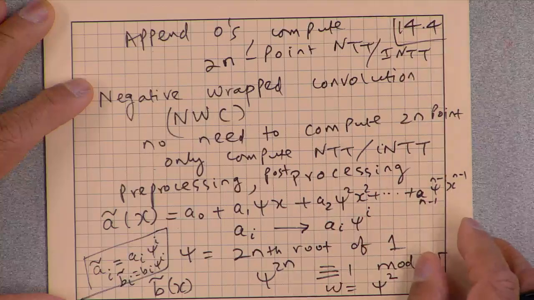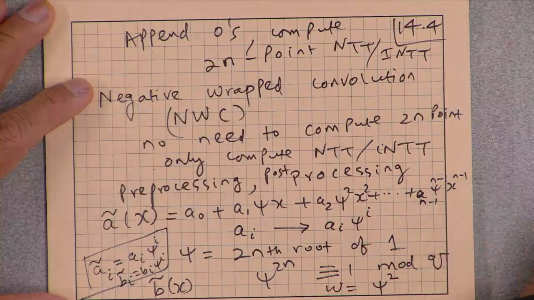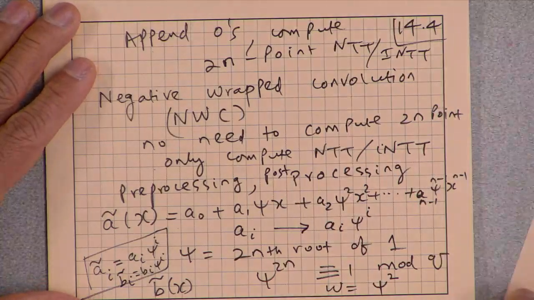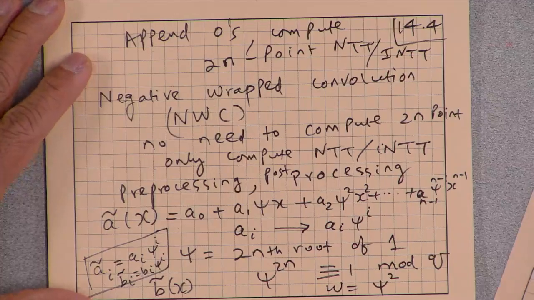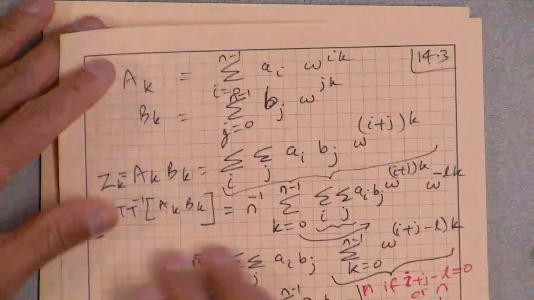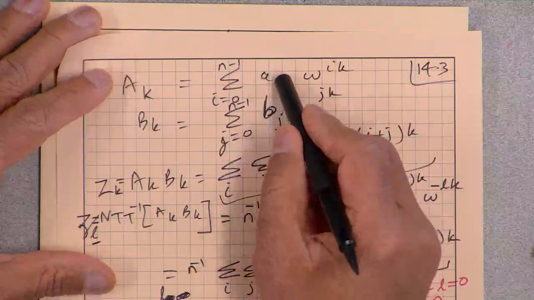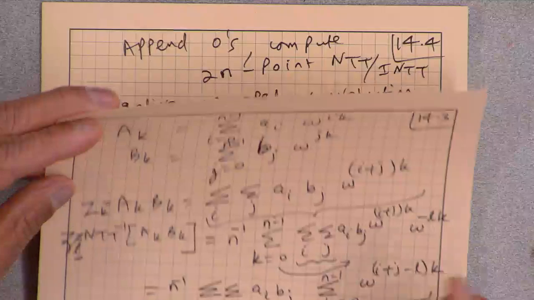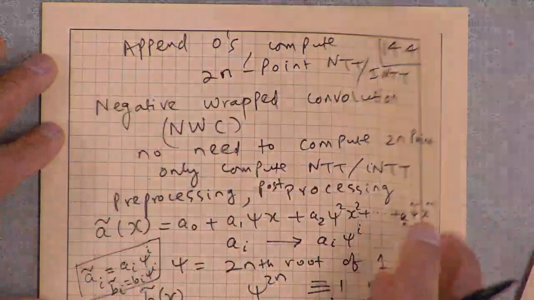And then if I now take the NTT, let's say the NTT of A i tilde is now A k tilde, and the NTT of B j tilde is now B k tilde. So we will take the NTT of the coefficients.